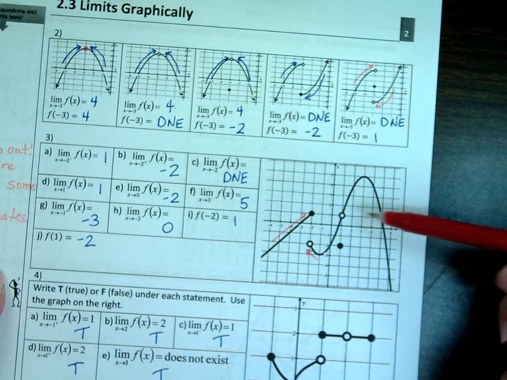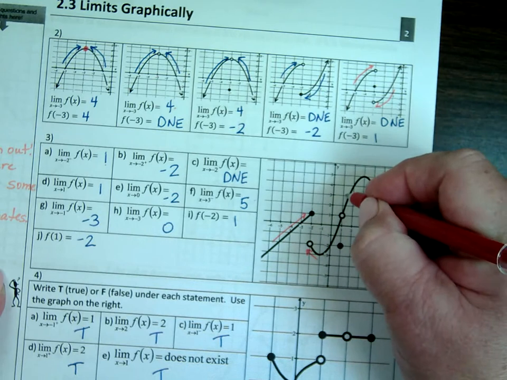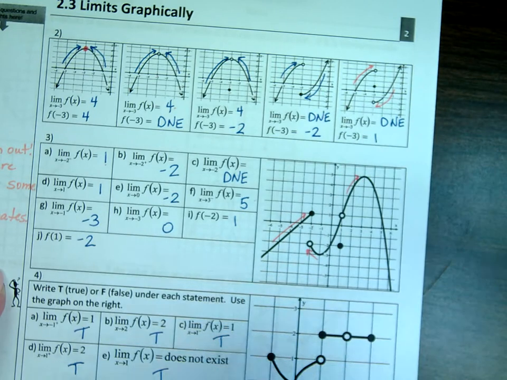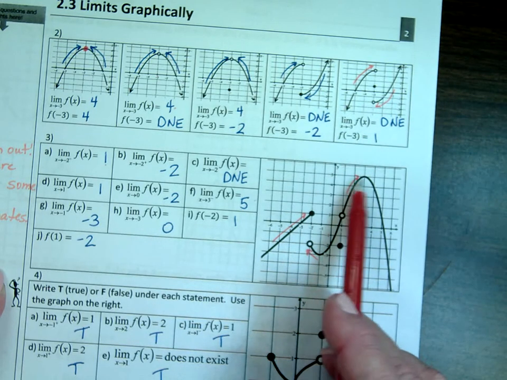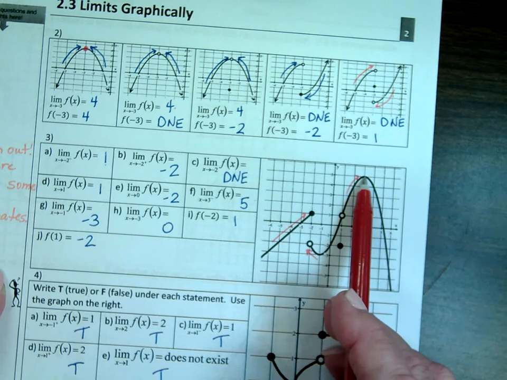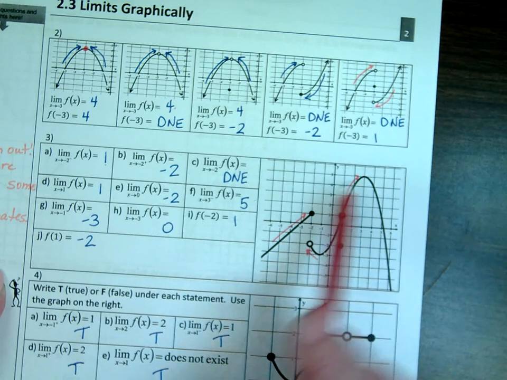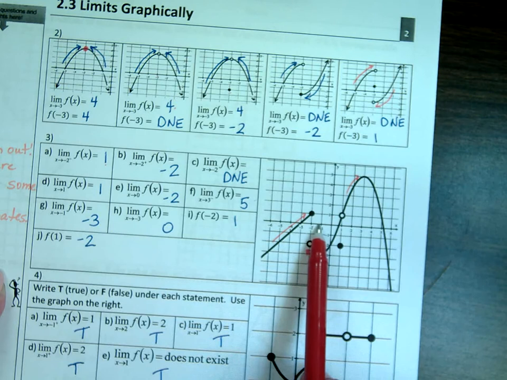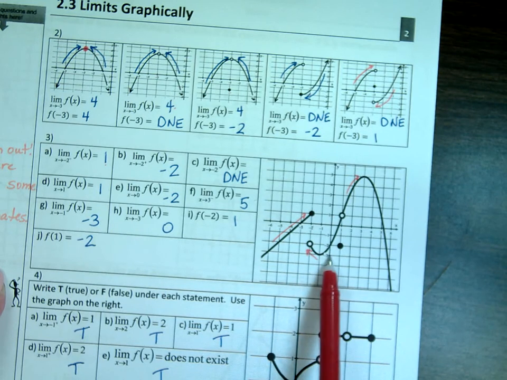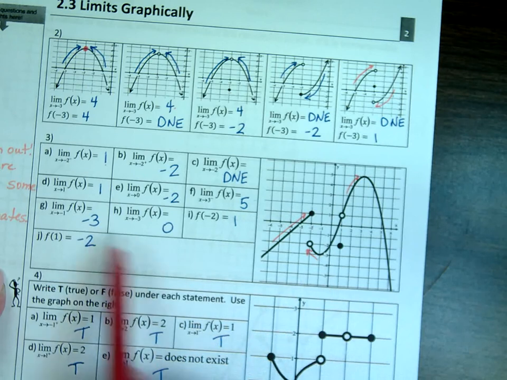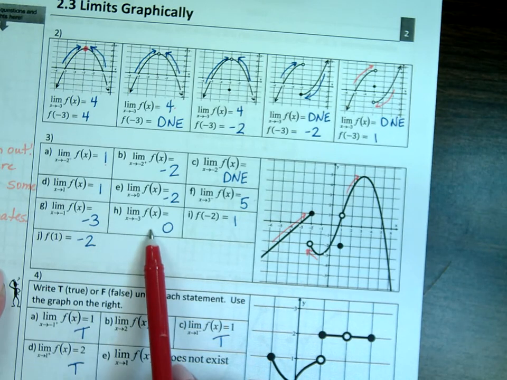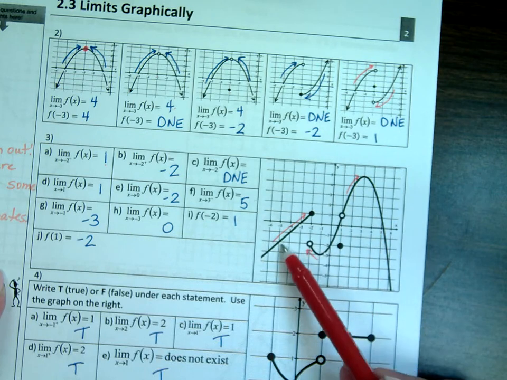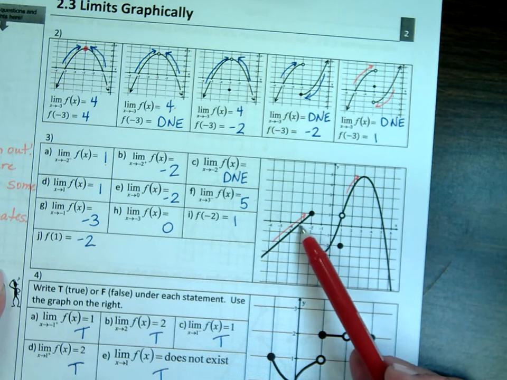So 3's over here, from the left would be coming this way, and that would be this value of 5 that's up here at the peak. If I approach -1, -1's right here, let's go down. From the left and from the right, it's this y value of -3. That's G. If I approach -3, here it is, -3 from the left and from the right, it's 0.